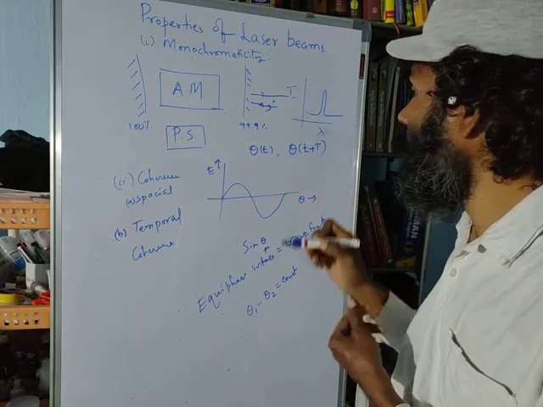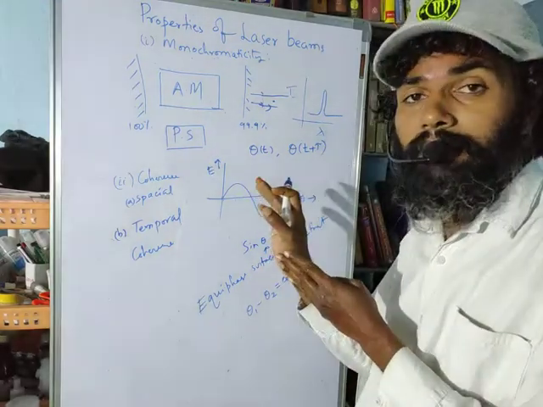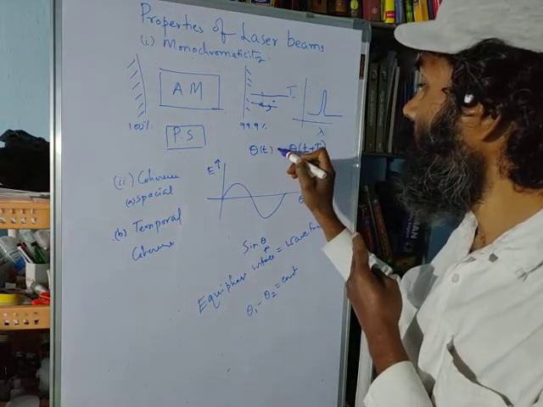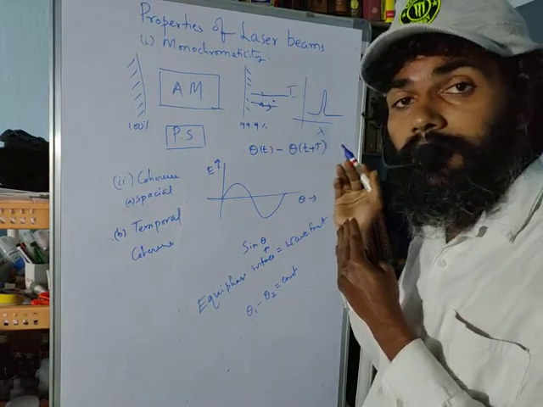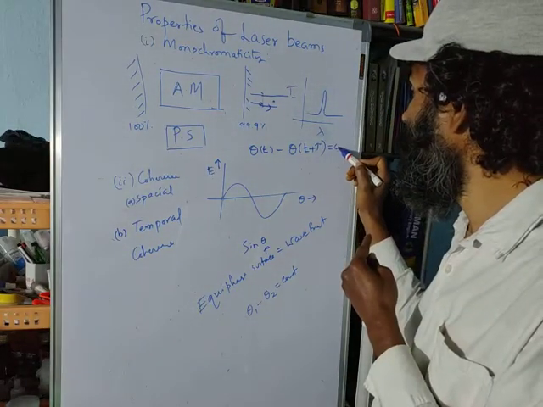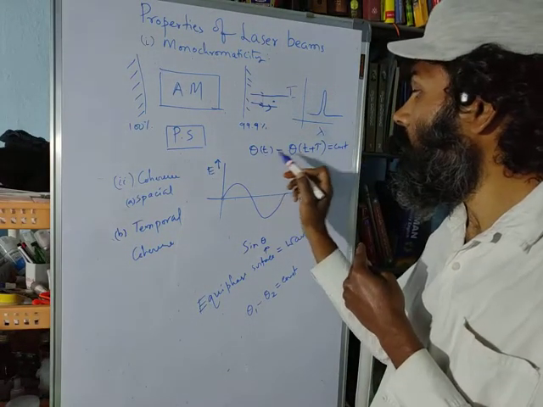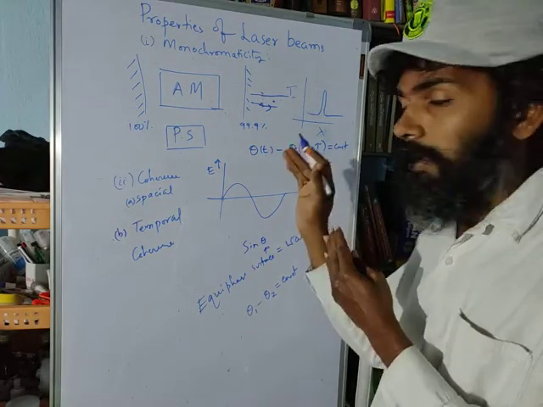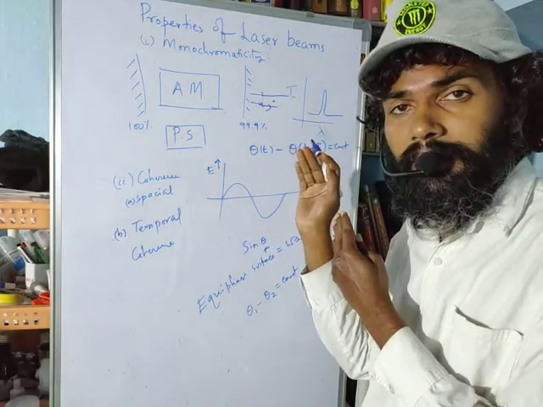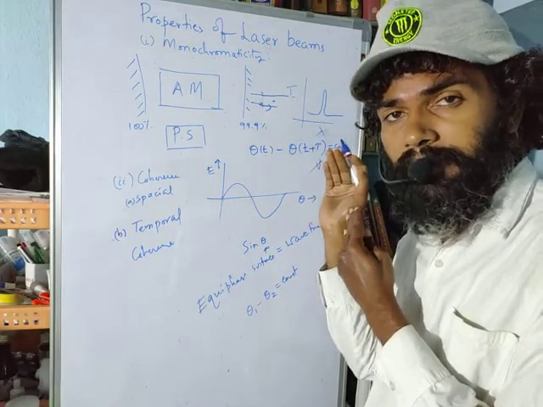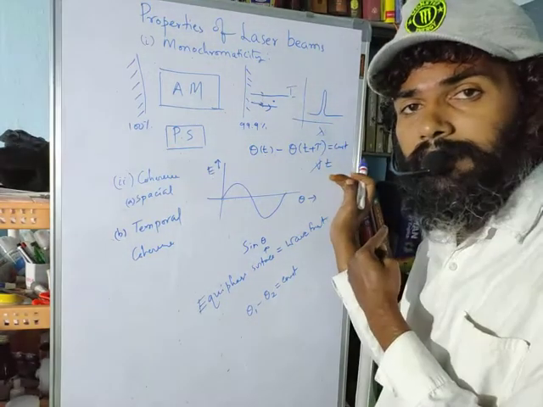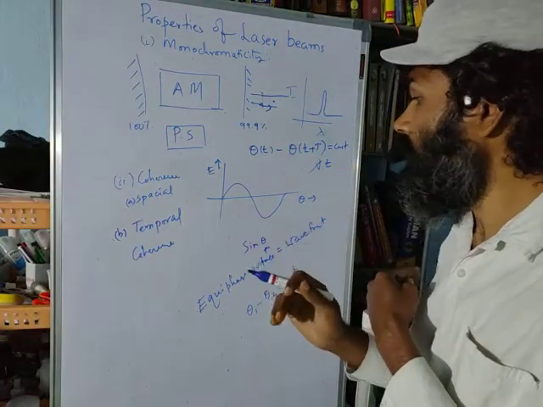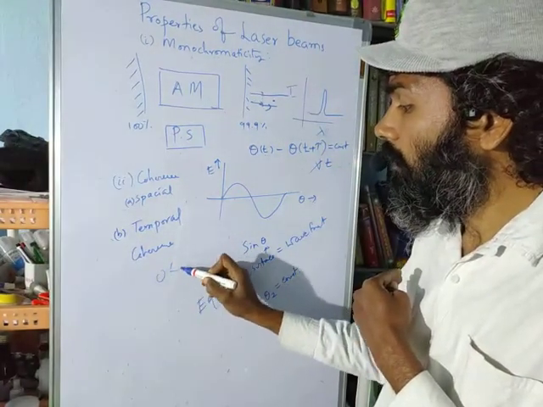So after some time tau, if we observe the phases at time t and at time t plus tau, and the difference is a fixed, constant value for all t's, if theta at time t minus theta at time t plus tau is constant for all times t, then we say that we have got temporal coherence for time which is less than tau.